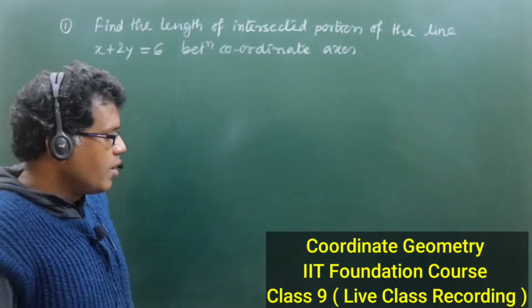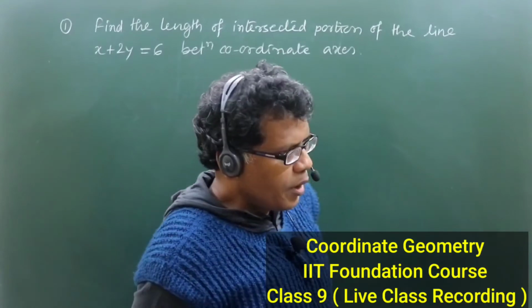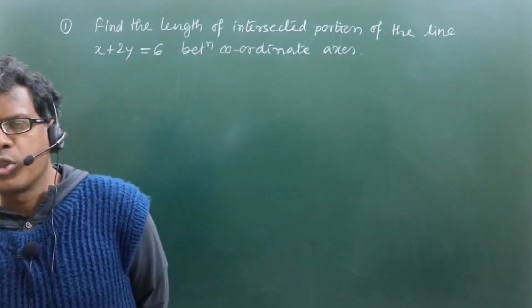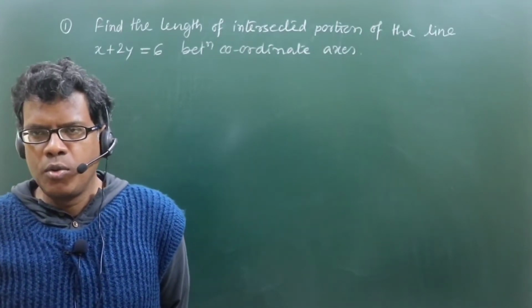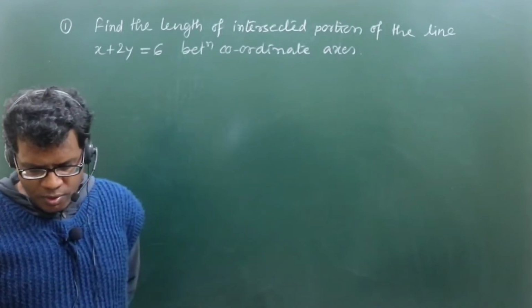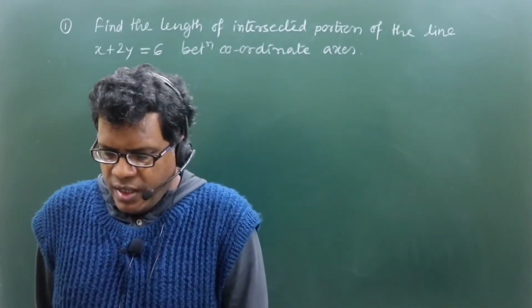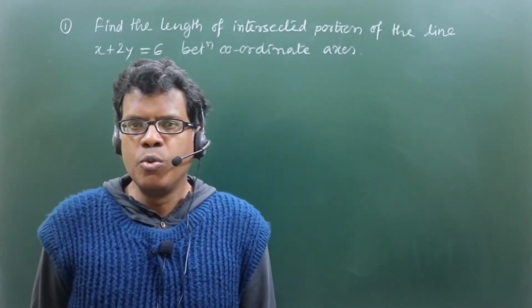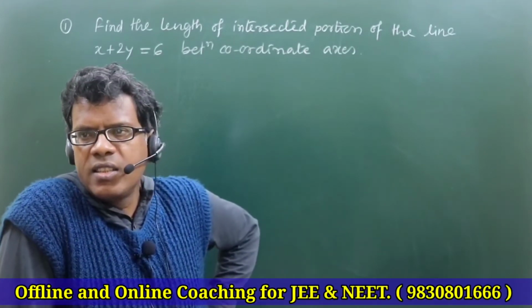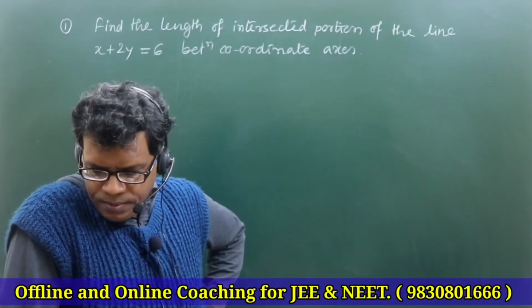So it gets 3 portions, 2 portions come in 2 quadrants and 1 portion comes in between the 2 axes. So we have to find the distance of separation between 2 points of intersection, one at x axis, another at y axis.